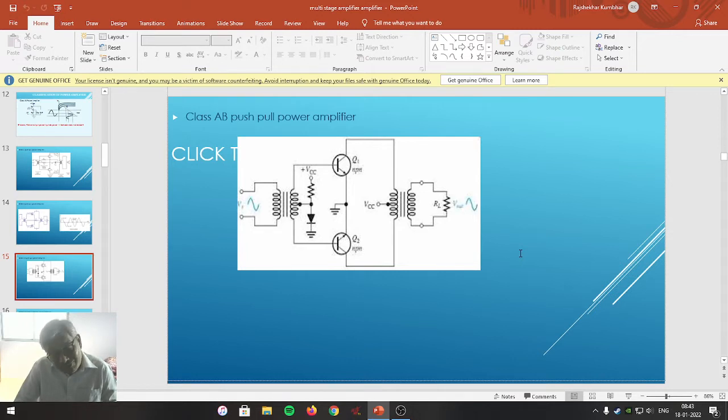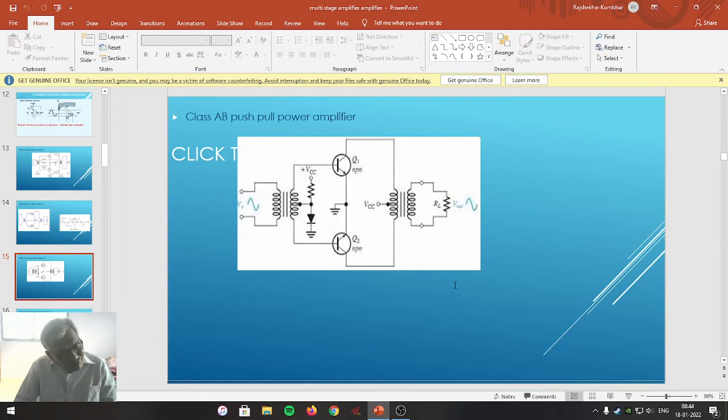Till the input voltage rises to this required voltage, the other transistor will remain off. When the input voltage rises to the cut-in voltage, it will be turned on and current starts flowing. So in between the off and on of the transistor, there is some delay in the output current. It is produced in the class B push-pull power amplifier, and that's why we can say crossover distortion is present in the class B push-pull power amplifier. Friends, this drawback is totally avoided in the class AB push-pull power amplifier.